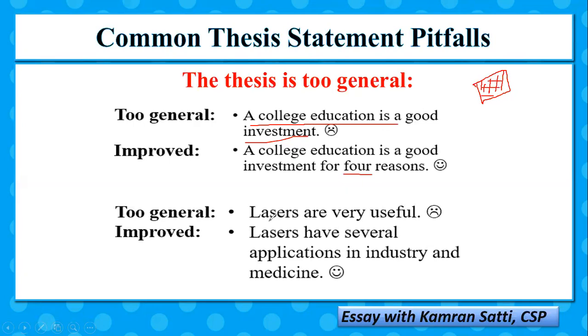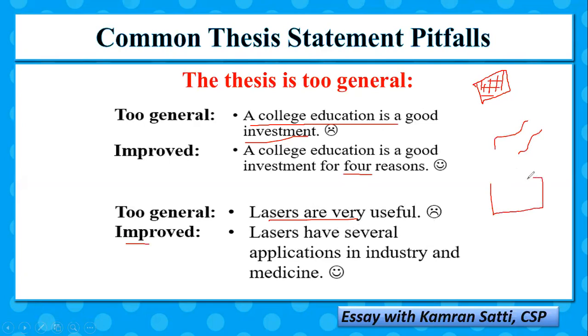Another example: lasers are very useful. Once again, a very broad and too general thesis statement. The improved version is: lasers have several applications in industry and medicine. Now, that is a specific thesis statement.